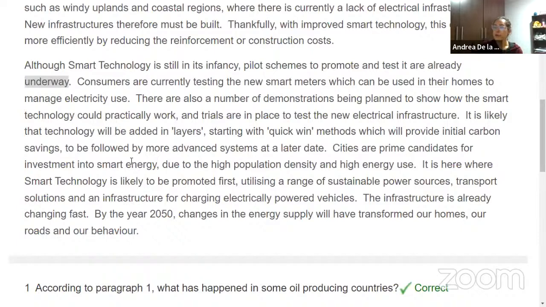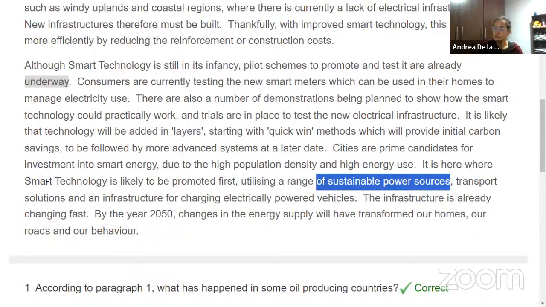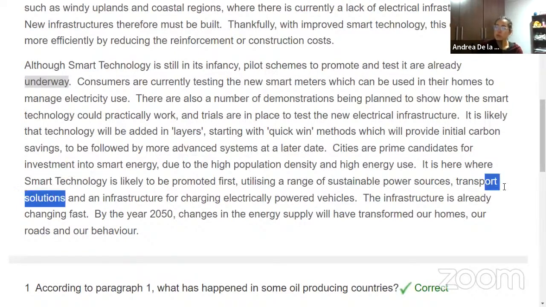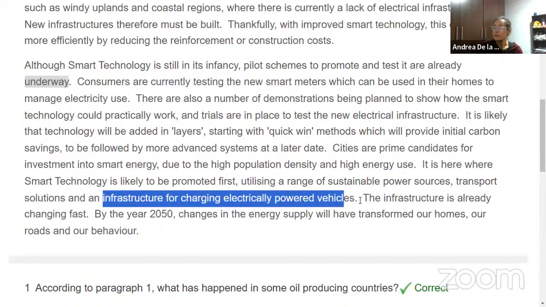They say that the first place where smart technology will exist will be cities, utilizing a range of sustainable power sources. Okay, there will be sustainable power sources because that's smart technology. Transport solutions, okay, so transport is going to be a little bit different maybe, and an infrastructure for charging electrically powered vehicles.